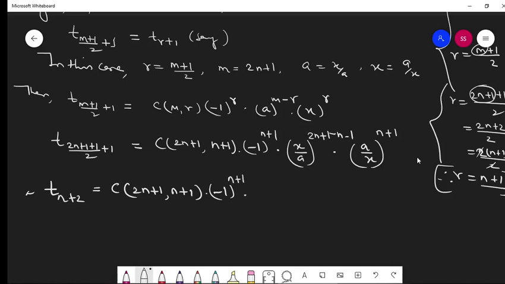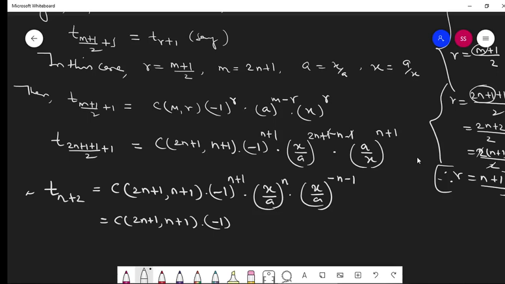Here 2n minus n is n, and the 1 we can cancel. The first part is x by a to the power n.